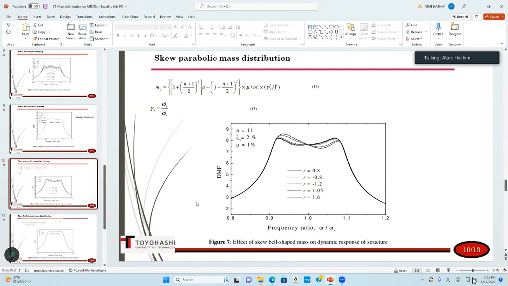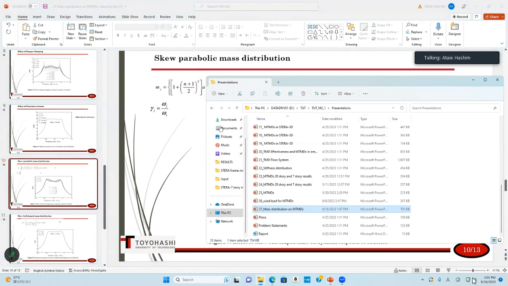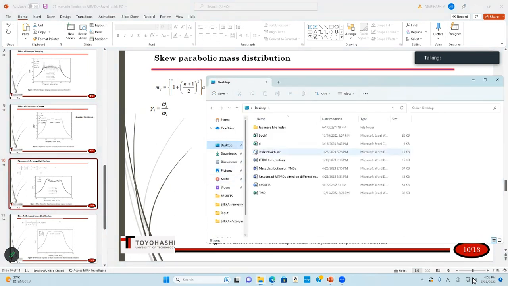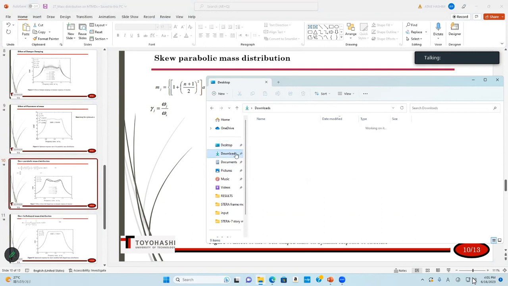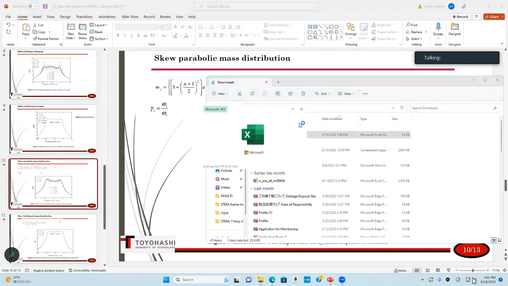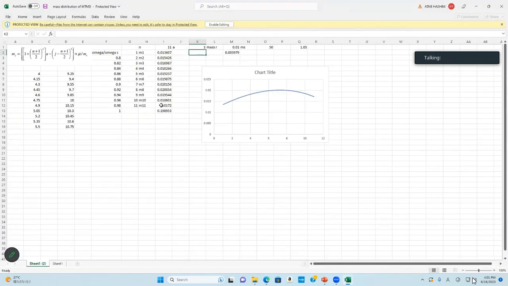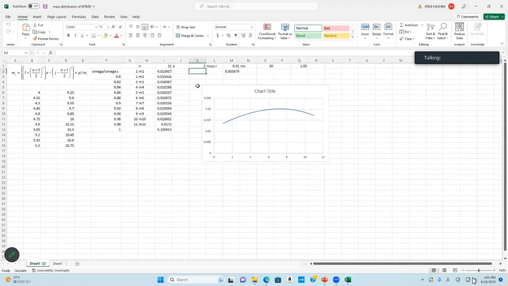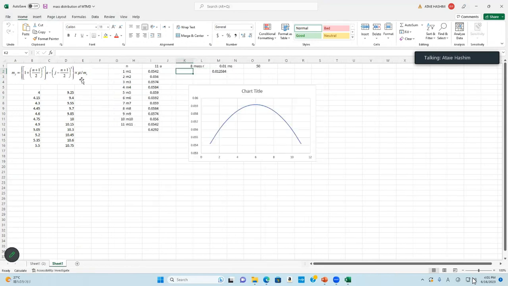It means that, for example, since this formula is parabolic, in this area the TMD has more mass, but in this part the TMD has small mass.